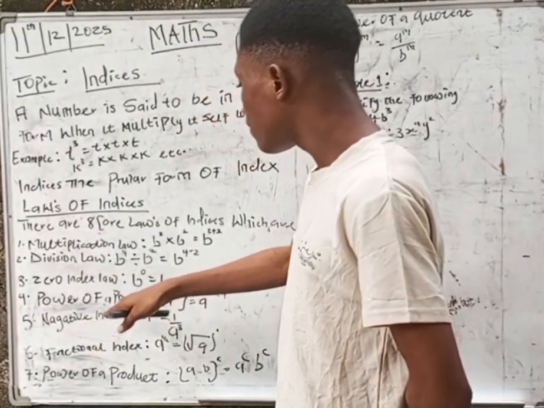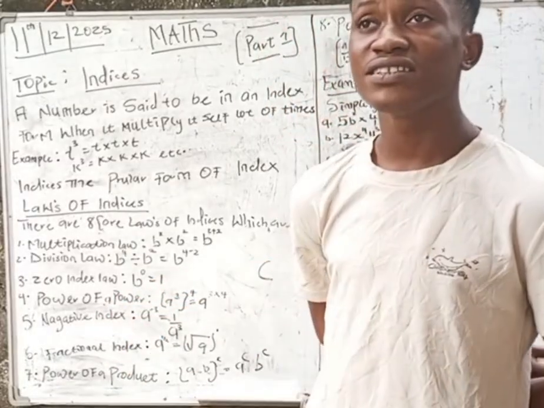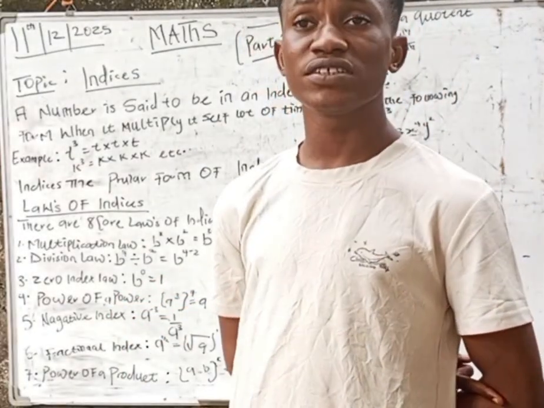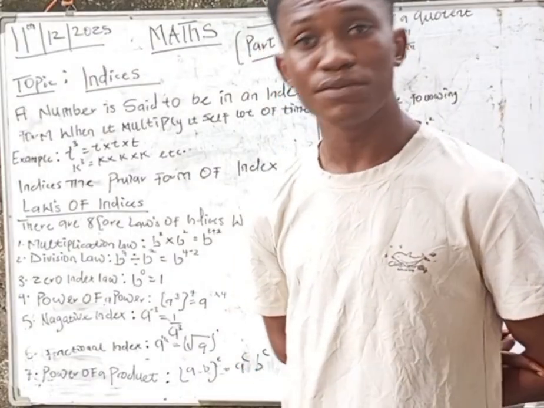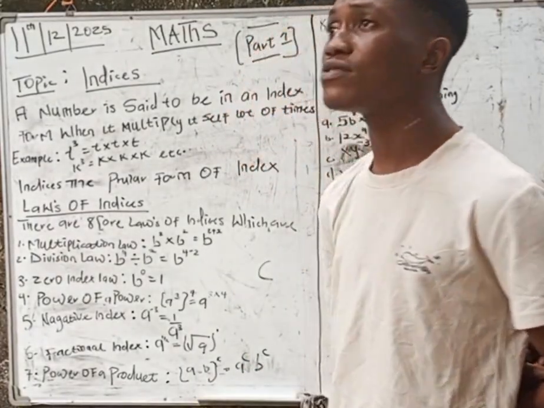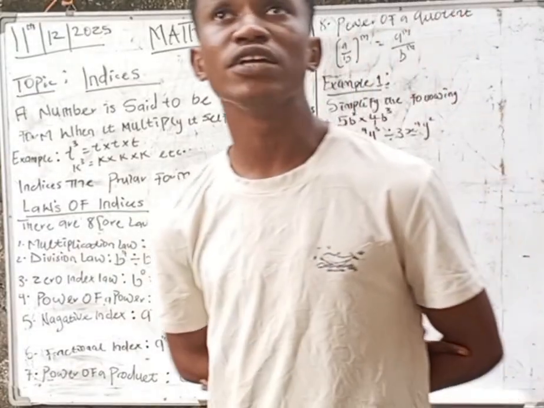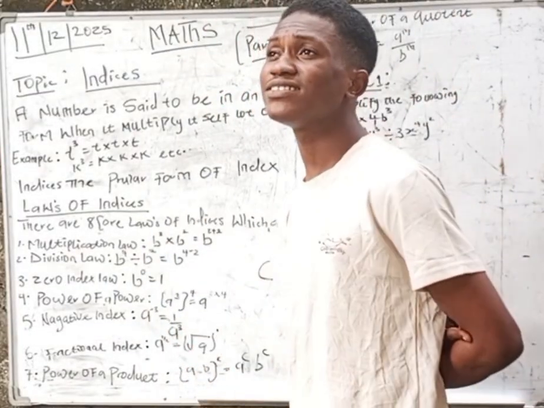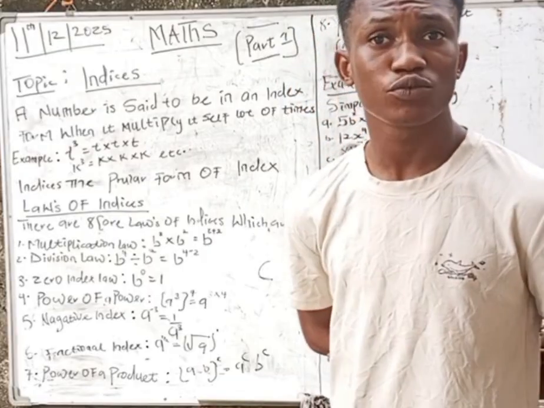The negative index law says that whenever we want to change a negative index to a positive index, we flip the base. The fractional index law says that whenever we see a number like 5 raised to the power of 1 over 2, we should know that that is talking about square root.